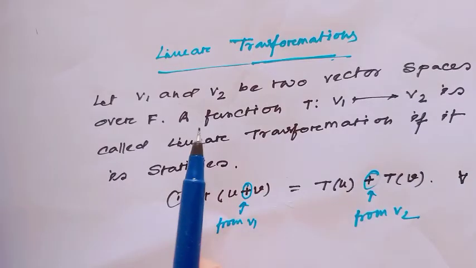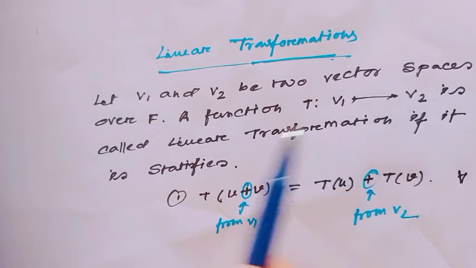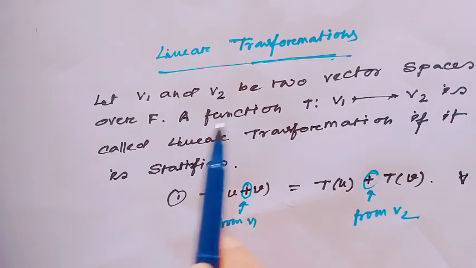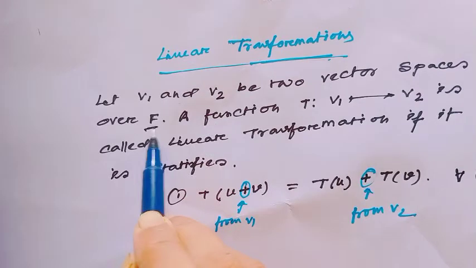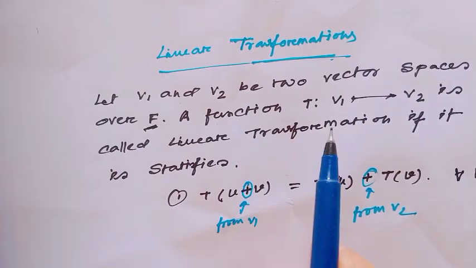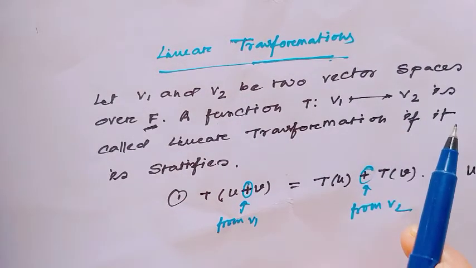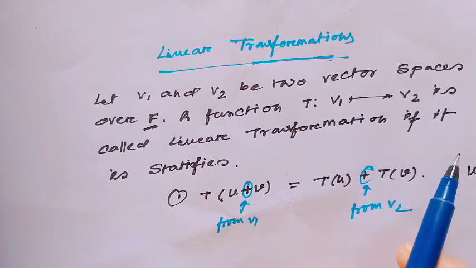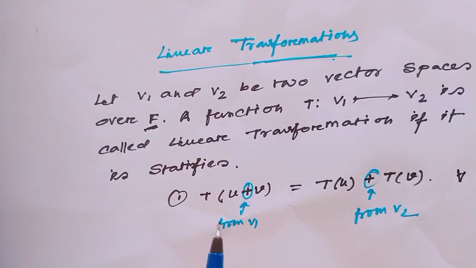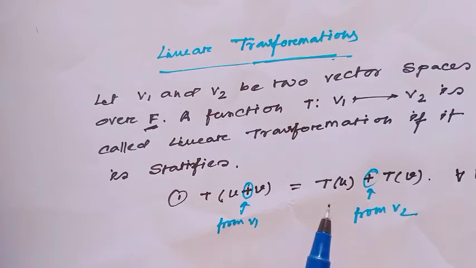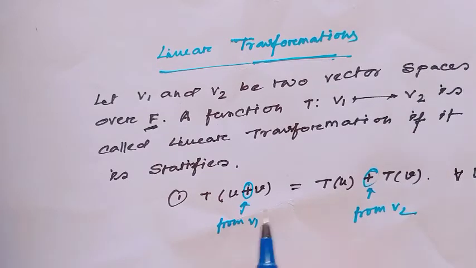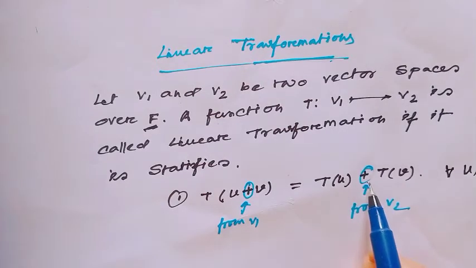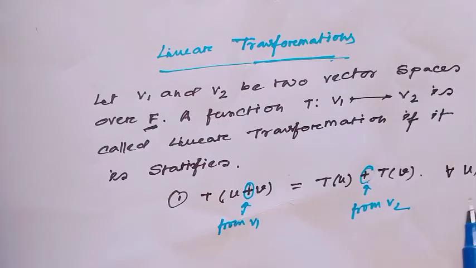The definition is: let V1 and V2 be two vector spaces over the field F. Here there are two vector spaces, but the field is always the same. Then a function T from V1 to V2 is called a linear transformation if it satisfies, first, T(u + v) = T(u) + T(v), where this plus is from V1 and this plus is from V2, for all u, v belonging to V1.